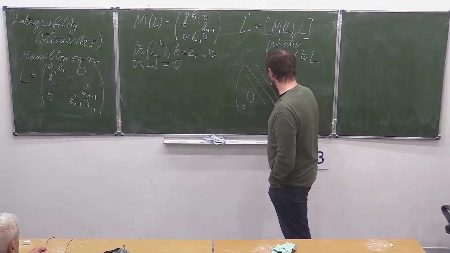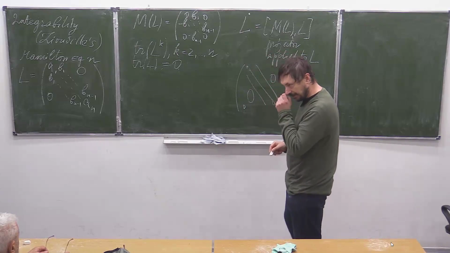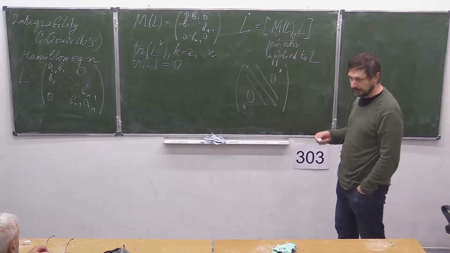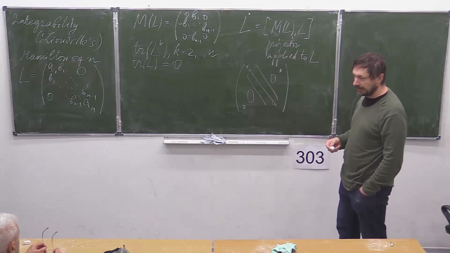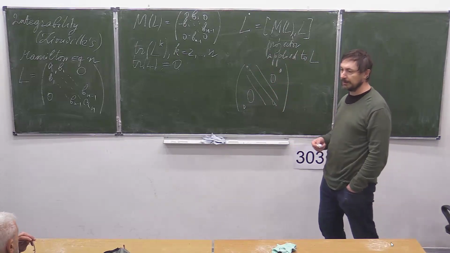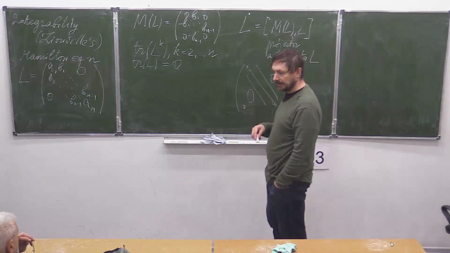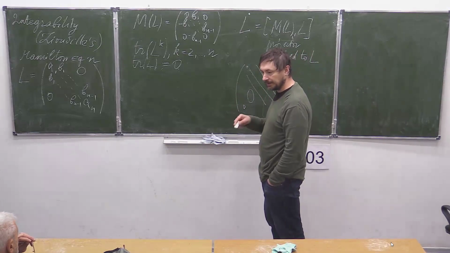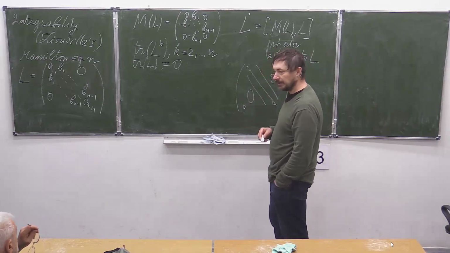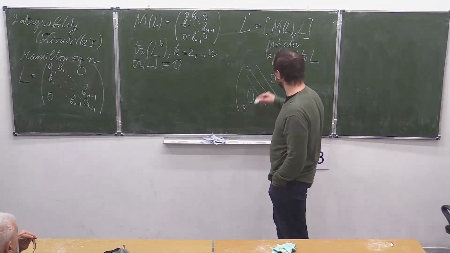In this way, you get a system called the closed Toda chain, which you can actually interpret as a system of points on a circle, which interact in the same way as before. You mean you take this Lax equation and modify?